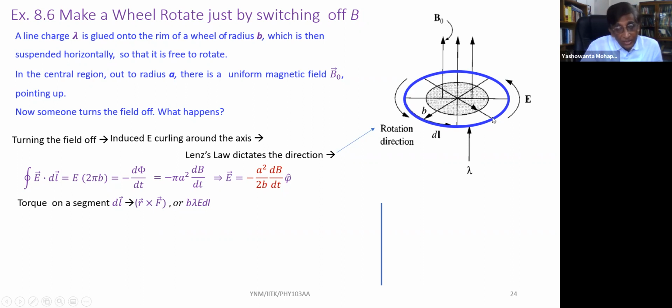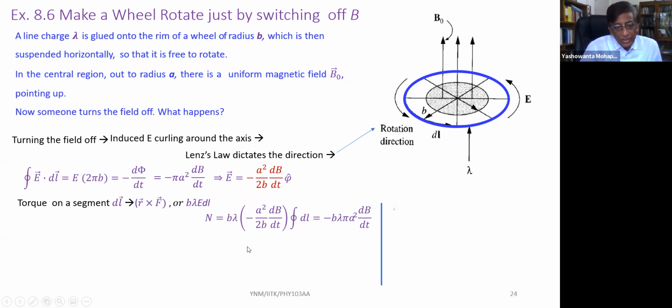You can think of it as an insulator rim, but I have stuck a static charge here. So the torque is b lambda times minus a square by 2b dB by dt. Because it's a constant I can take it out, and then there is the integral of dl, and hence that is nothing but minus b lambda pi a square dB by dt.